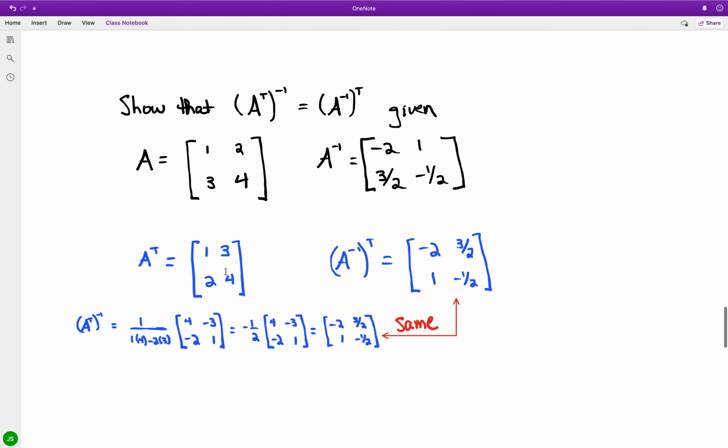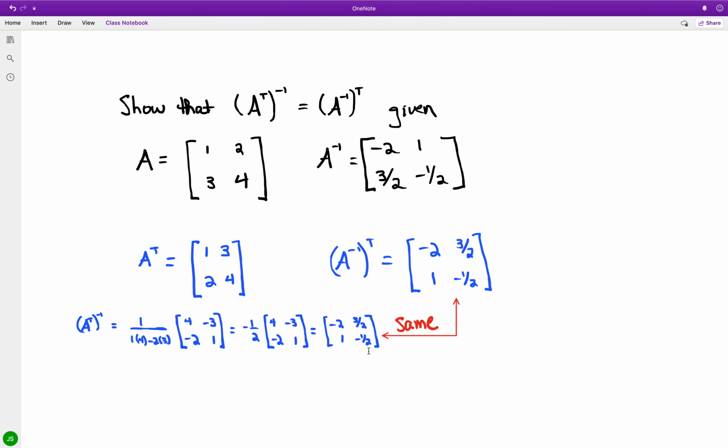So you have 1 times 4 minus 2 times 3, and 1 over that difference. So we have 1 over -2, which would be -1/2. And again, flipping the diagonals 1 and 4 and taking the opposite signs of 3 and 2, we have -1/2 times 4, -3, as well as -2 and 1. For that output, we have -2, 3/2, 1, and -1/2.